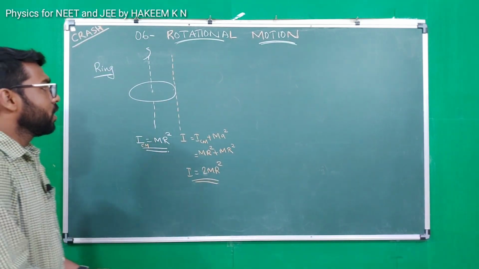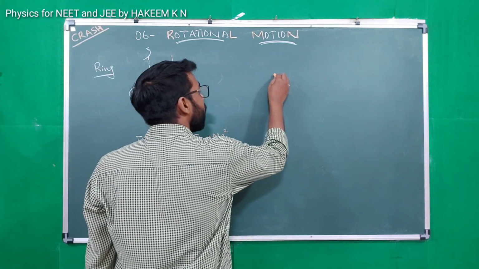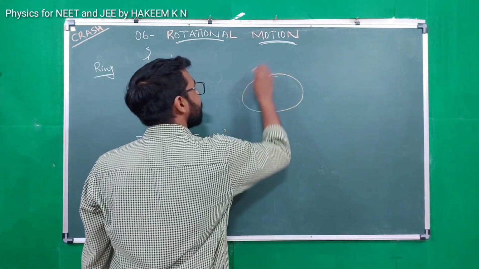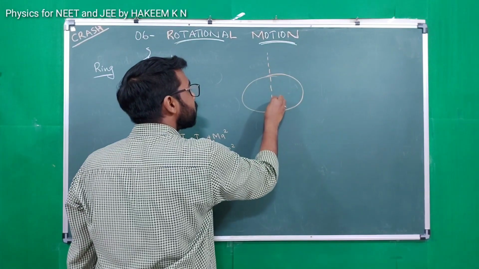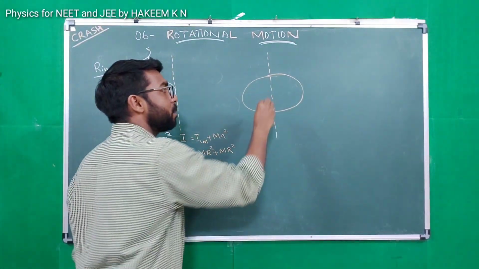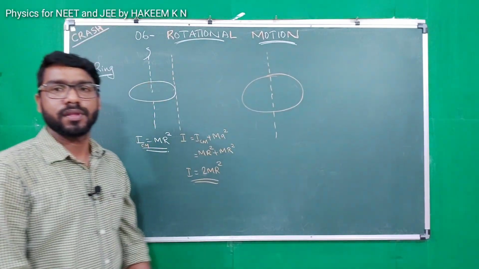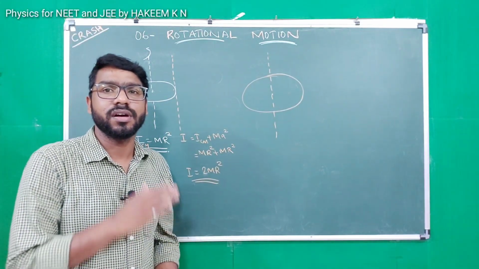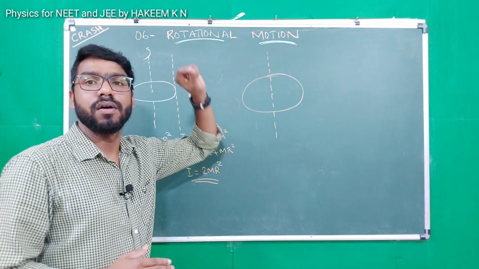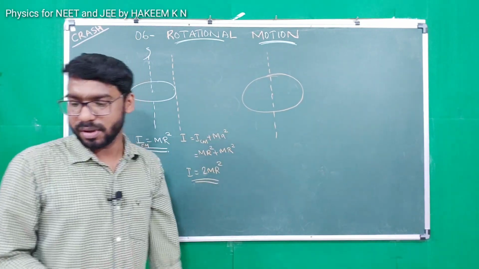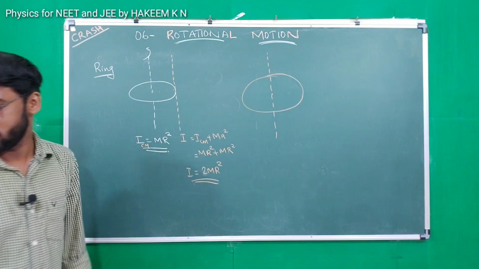Okay. Then what will be the moment of inertia about an axis in the plane of the ring, through the center of mass? How can we find it?